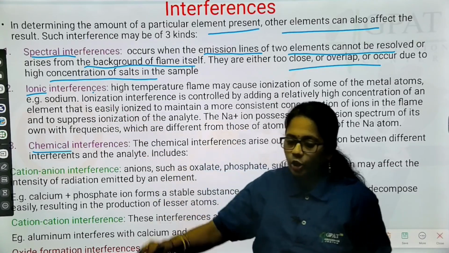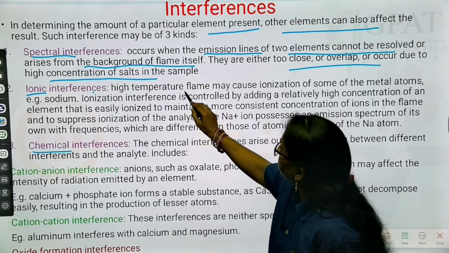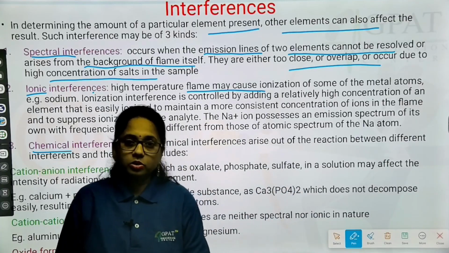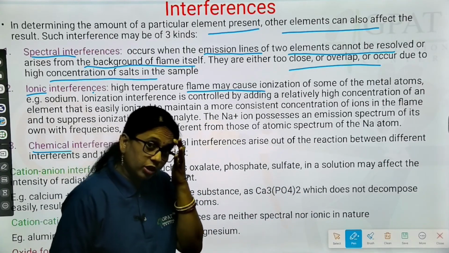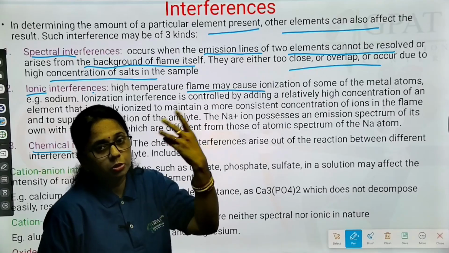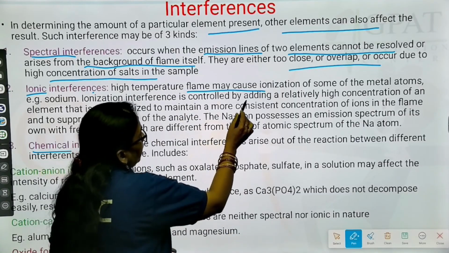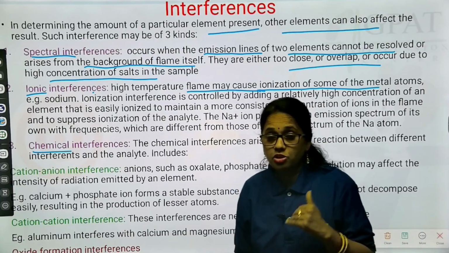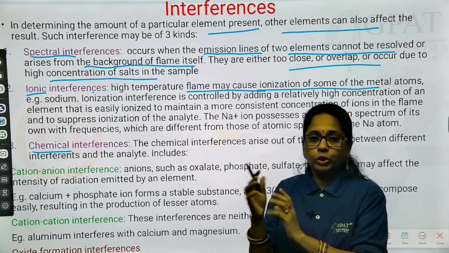Coming to the ionic interferences: high temperature flames, whenever fuel oxidant mixtures are used. High temperature flames, more than 1800, 1900, 2000 degrees centigrade, may cause ionization of some of the metal atoms. Ionization is going to occur, and as such the metal we cannot estimate.